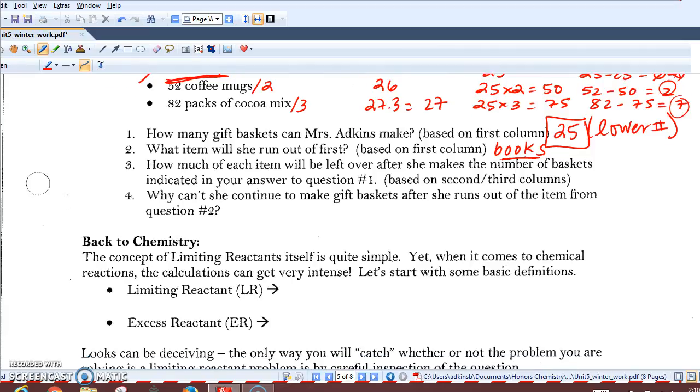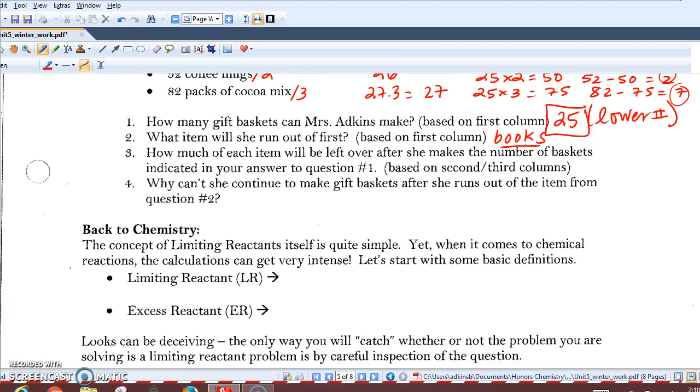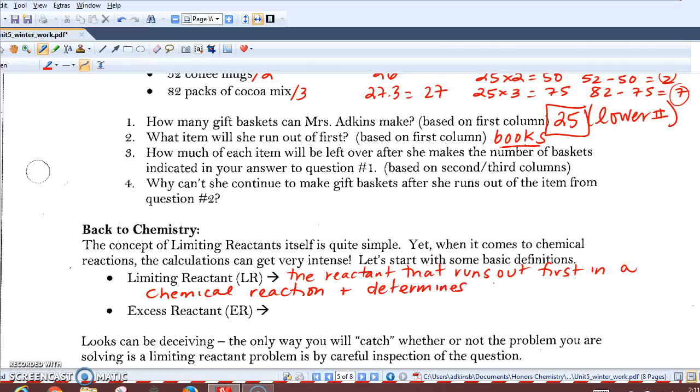So if we get a good definition for limiting reactant and excess reactant, a limiting reactant is the reactant that runs out first in a chemical reaction and determines the amount of product that can be formed or made.